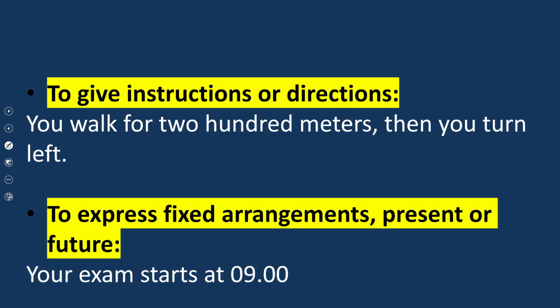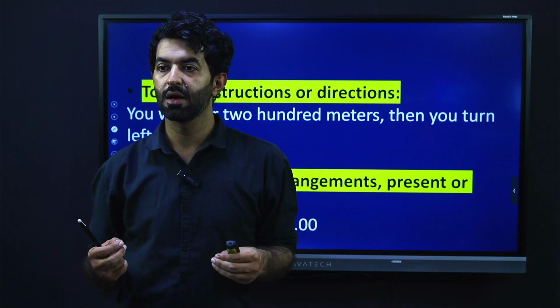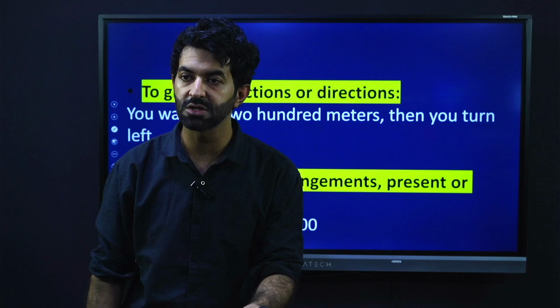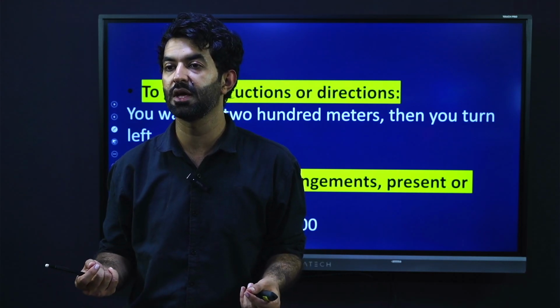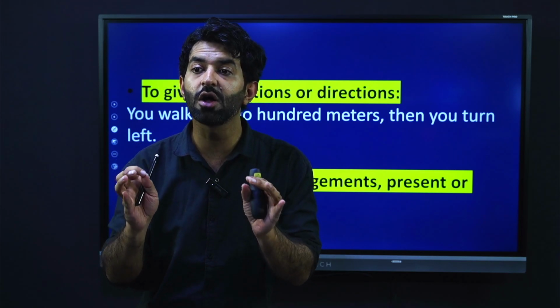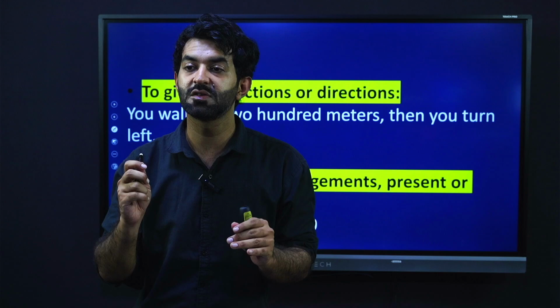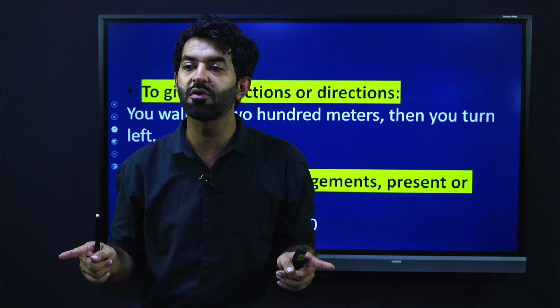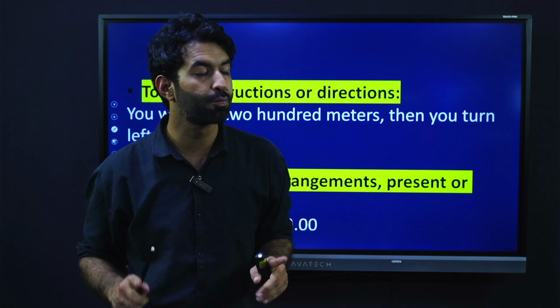Now instructions देने के लिए या directions देने के लिए, किसी को रास्ता बताने के लिए, या directions या instructions जो हम देते हैं general, or the instructions that you find on your question paper, with every activity or every task, all of them are written in present simple tense.